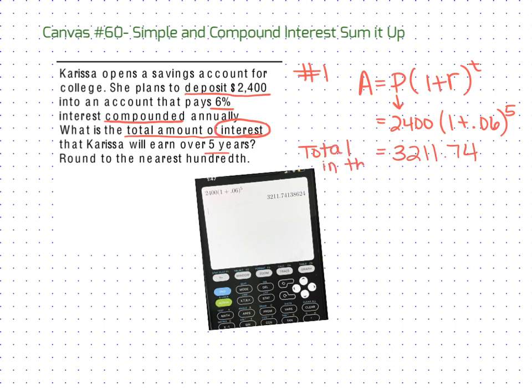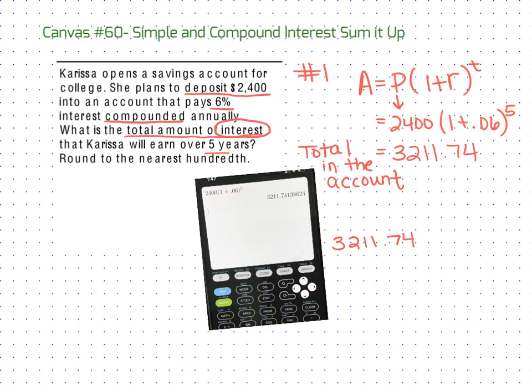Now remember, this is the total in the account. I don't want to know the total amount of money in the account. The question is asking me about the interest. Remember, if you're using a compound interest formula and it's asking you about interest, that means there's one extra step. I know there is currently $3,211.74 in the account.